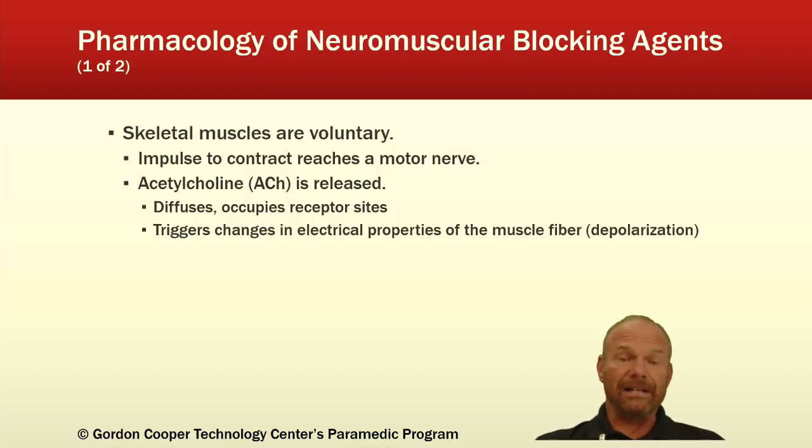That binding triggers a process called depolarization, where the muscle fiber's electrical charge changes. That's where contraction begins. Once enough motor end plates are depolarized, the muscle fiber contracts. That depolarization is really brief. The process lasts only a few milliseconds because of the enzyme acetylcholinesterase, which quickly breaks down acetylcholine, allowing the muscle to reset for the next signal.